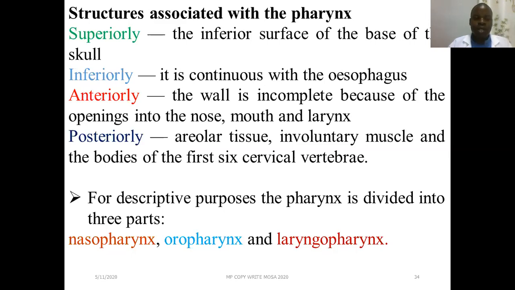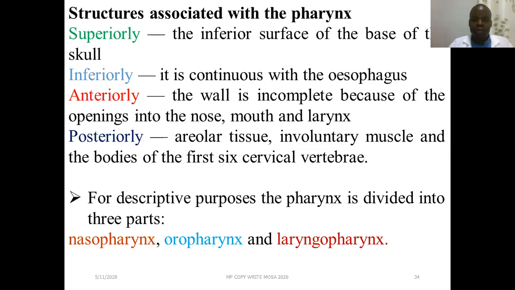Then posteriorly, at the back, with areolar tissue, involuntary muscle, and the bodies of the first six cervical vertebrae. When you look at the bones of the cervical vertebrae, there are about 7. Now the first 6 are the ones which are associated with the pharynx posteriorly.